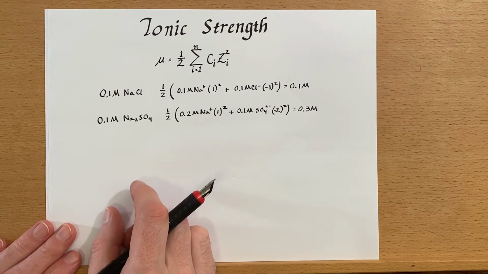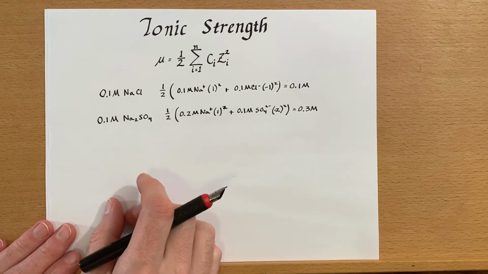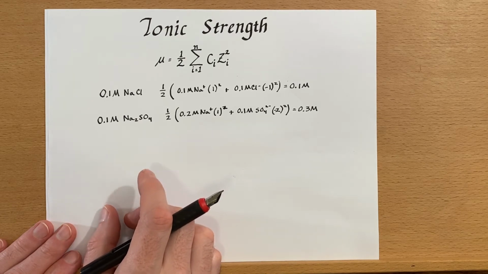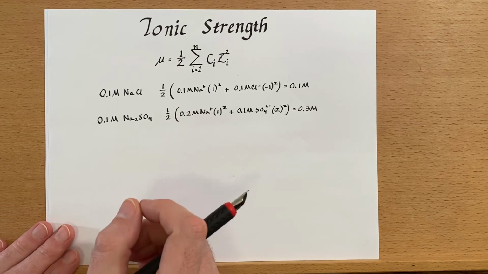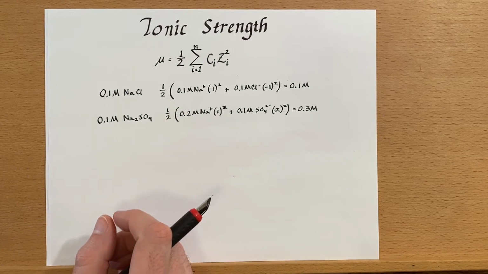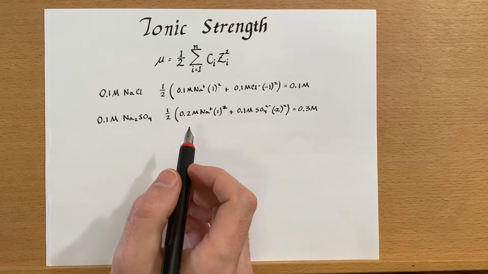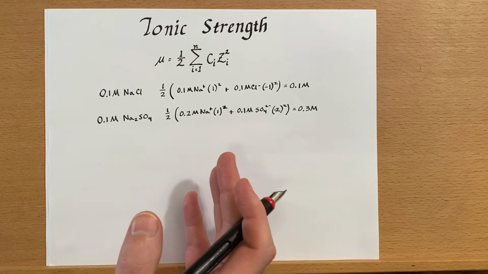Now, I should note something very important about calculating ionic strength that the formula does not really account for. You can actually only count on the formula working if you have a +1 or a -1 charge in it somewhere in there.